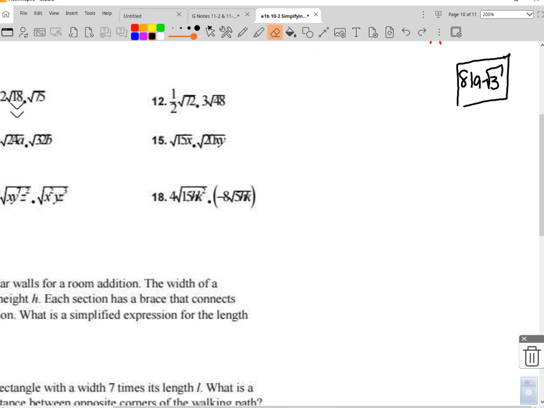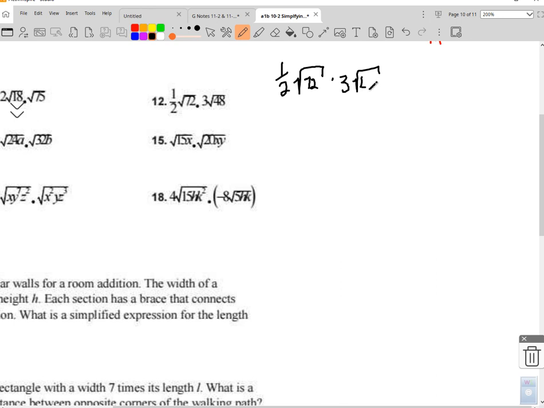Alright, I'm going to rewrite number 12. It's going to be 1/2 times the square root of 72 times 3 times the square root of 48. We could multiply 1/2 times 3/2 to start with.